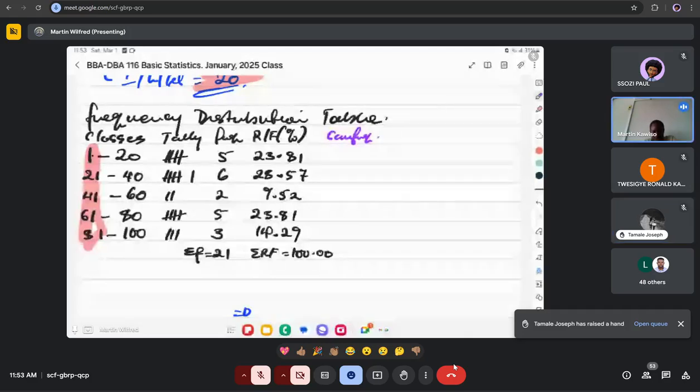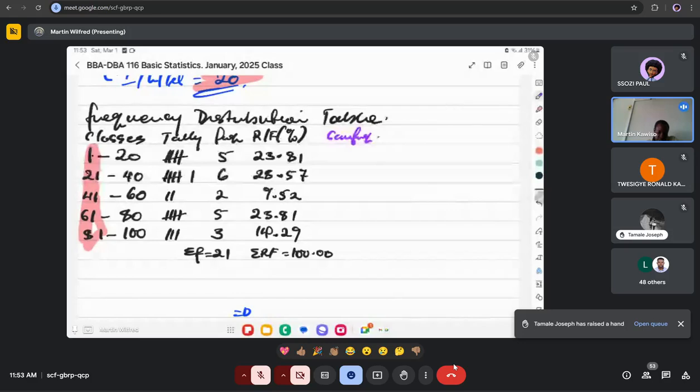We're creating a column of cumulative frequency, and I was asking what is cumulative, or what is to cumulate? Successive addition. So what is our first cumulative value? 5.